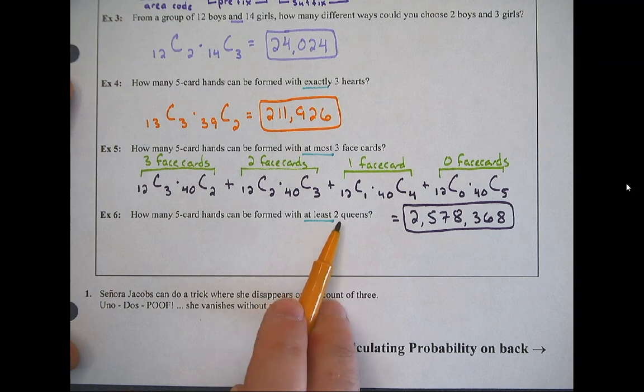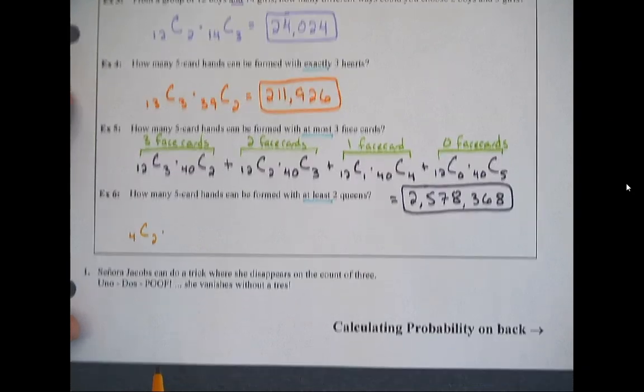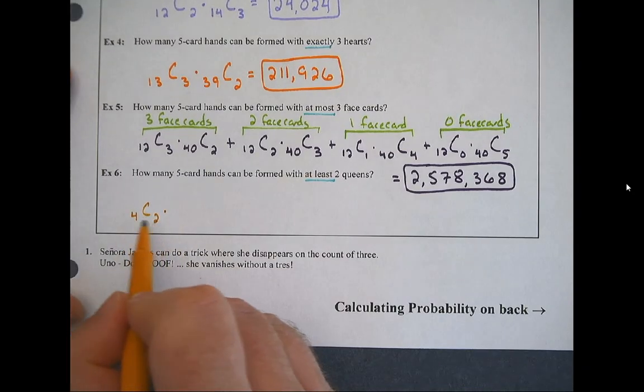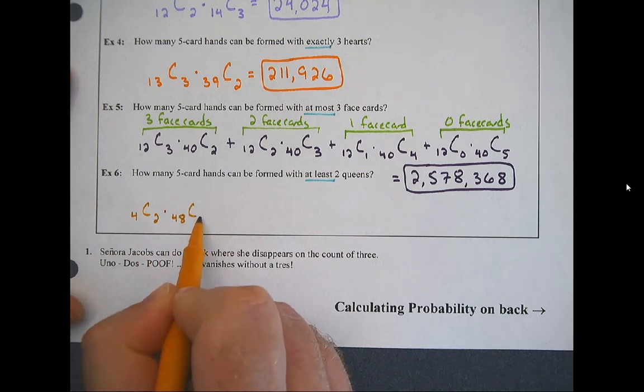So I always start with the one that they give us in the problem. That's how many ways could we have 2 queens? So from the deck of queens, there are 4 queens. I'm going to choose 2 of them, and I need to finish the rest of my hand. So if there's 4 queens, there are 48 non-queens. I've picked 2 cards. I need 3 more.